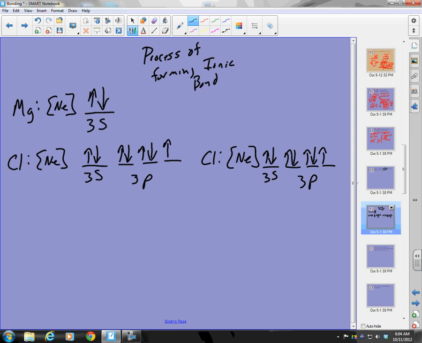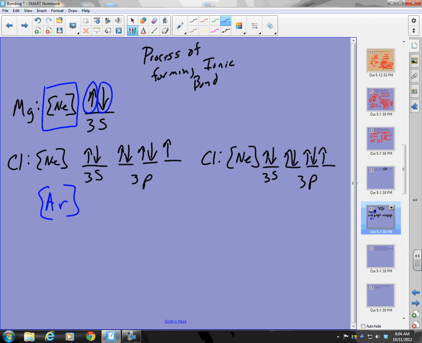Now you guys can see what happens, right? Magnesium wants to end up with a noble gas core. So it wants to lose 2 electrons. It wants to lose this electron, and it wants to lose that electron. Chlorine, on the other hand, wants to have an argon core.